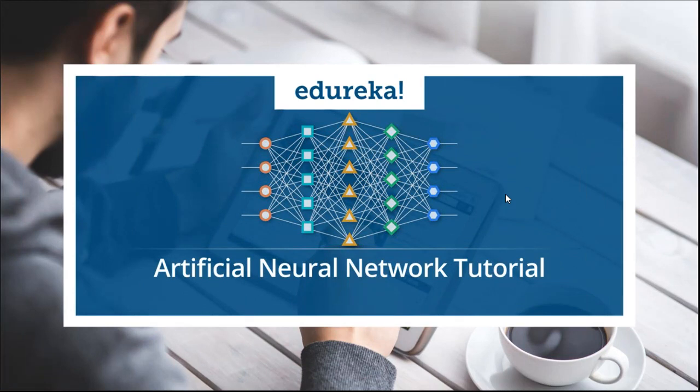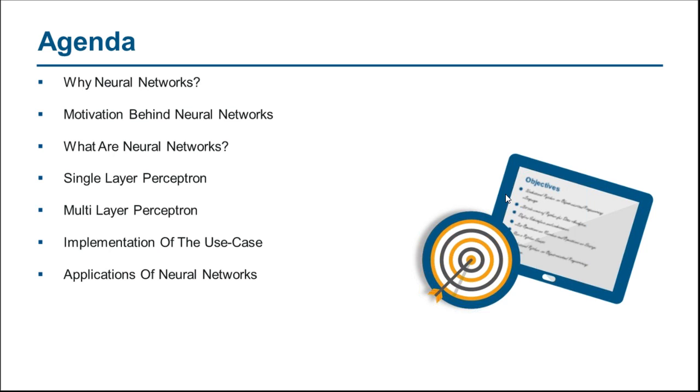Here we are going to see, first of all, why neural networks come into the picture, even though we have lots of algorithms existing in data science already. Why do we have neural networks, and why has it become so famous that it is a new branch of our techniques? Then we'll see the motivation behind neural networks.